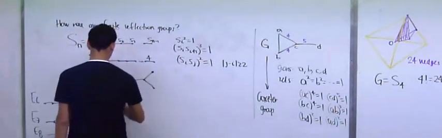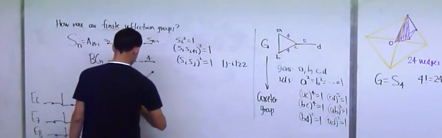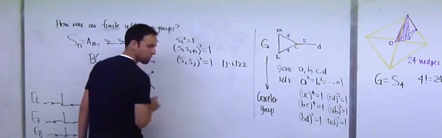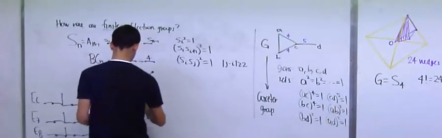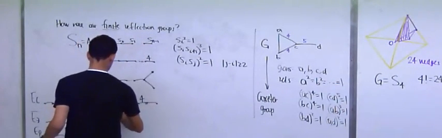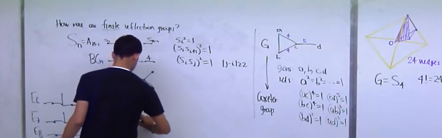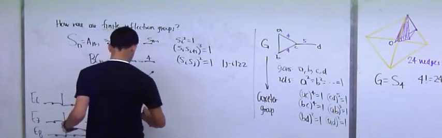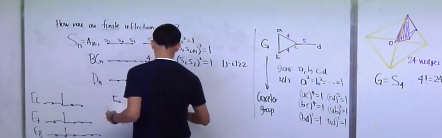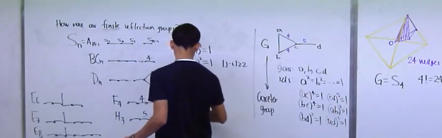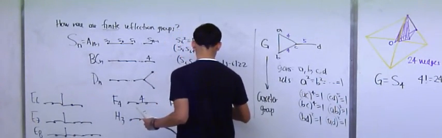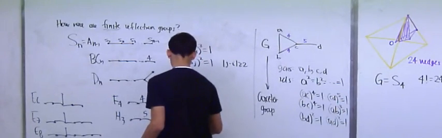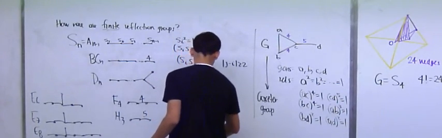Then this is called F4. This is called H3. H4. And I_n, the last infinite family.